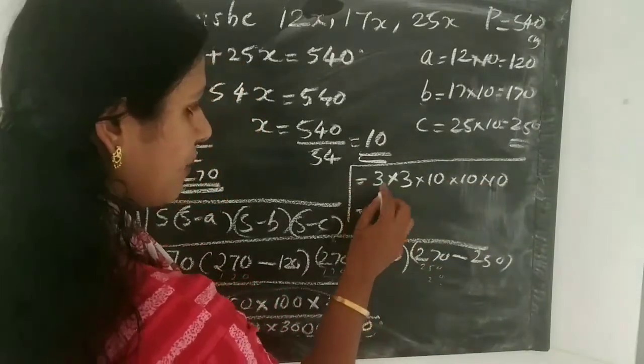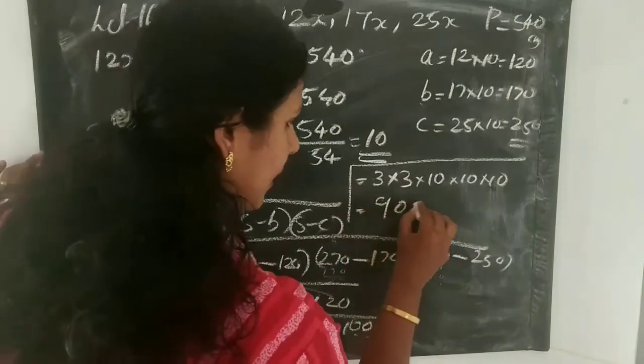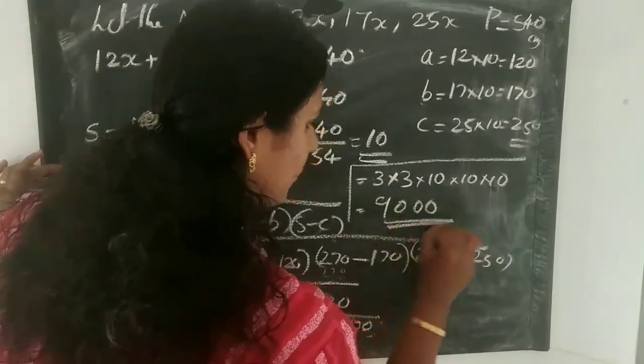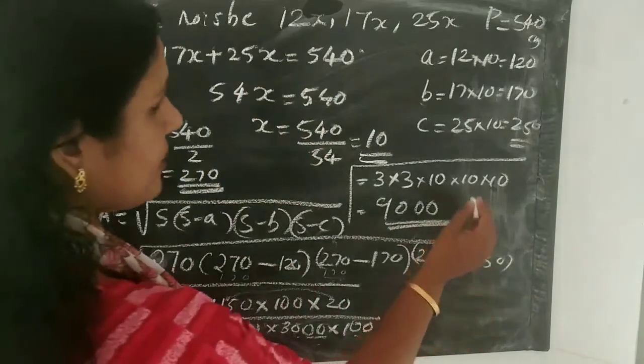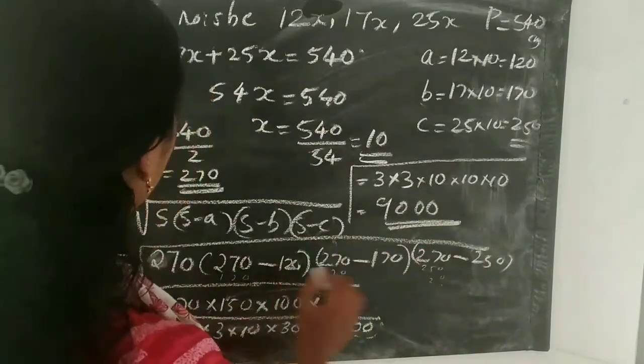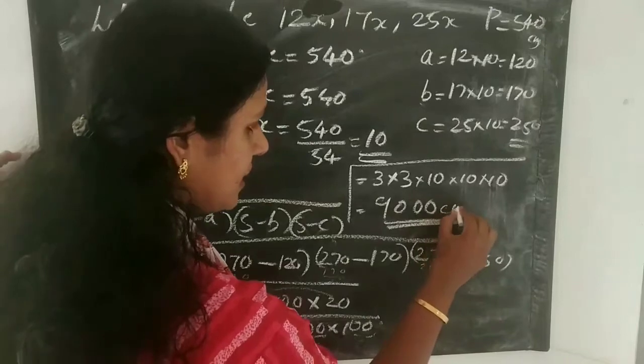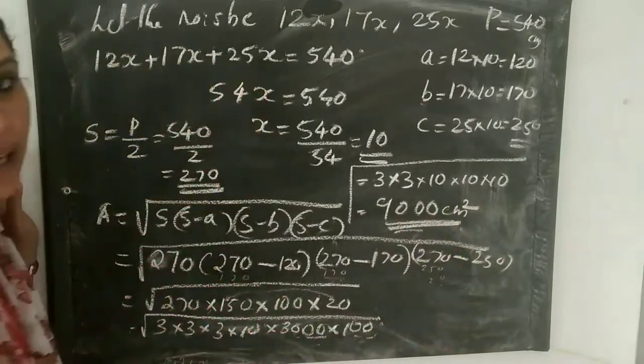So we get the value 3 into 3, 9,000. Okay, 9,000 centimeter square as the value.